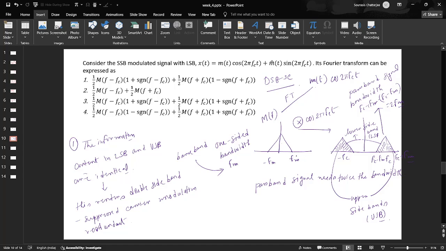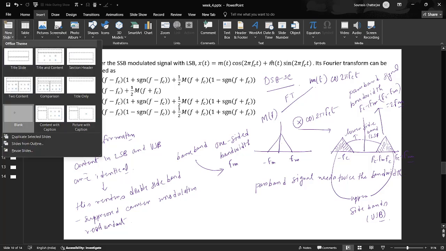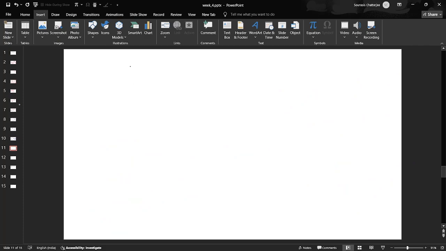So as we have seen now, double sideband is really not required. Let me just reinforce my point here again. I have two options. What are my options?